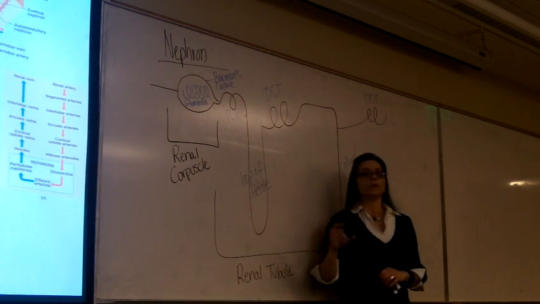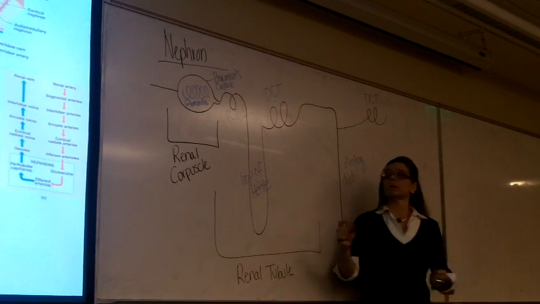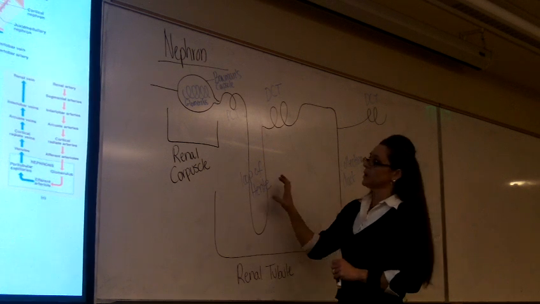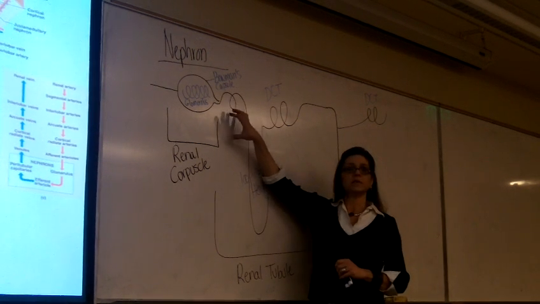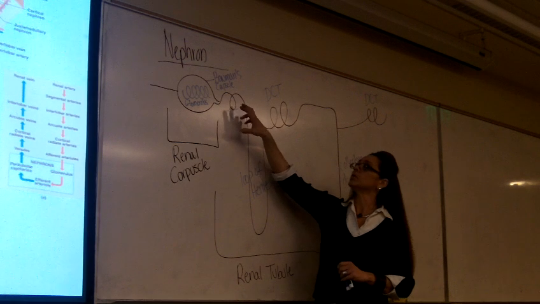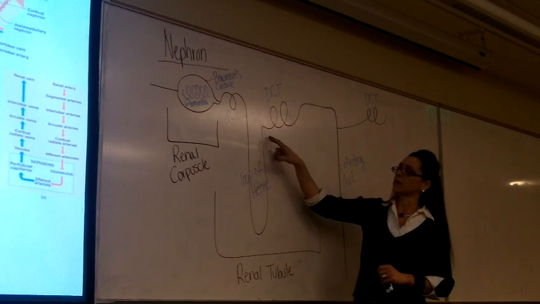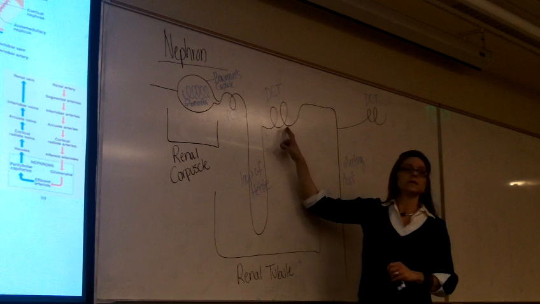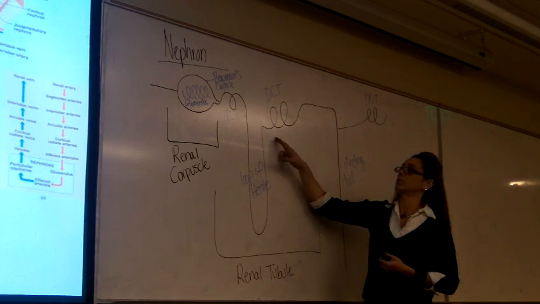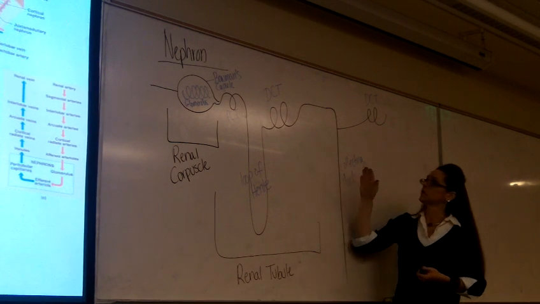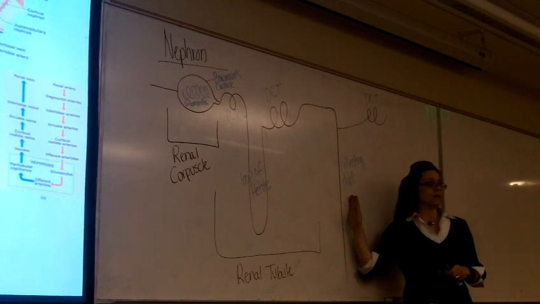The tubule is a tube, and it consists of different parts. You've got the PCT, proximal convoluted tubule, and then the loop of Henle, and then the DCT, the distal convoluted tubule. And DCTs are going to drain into the collecting ducts.